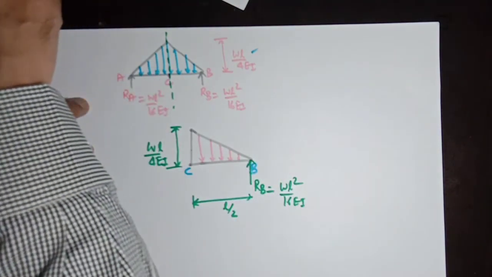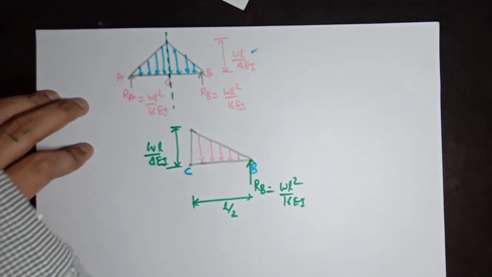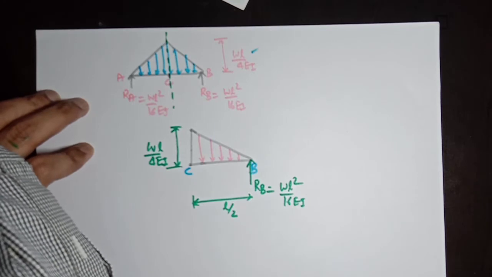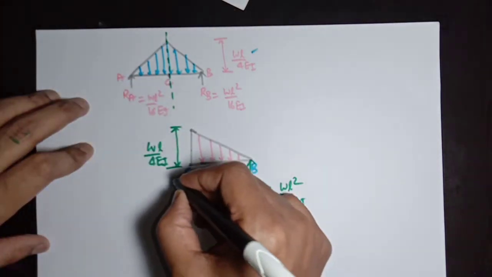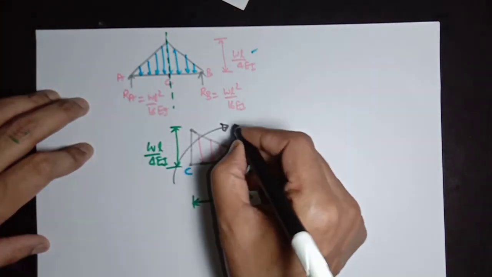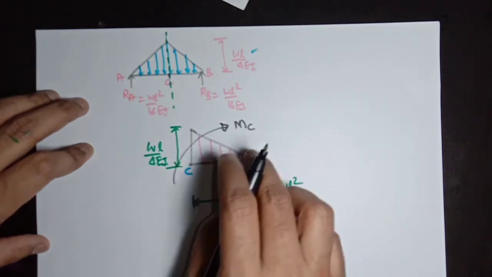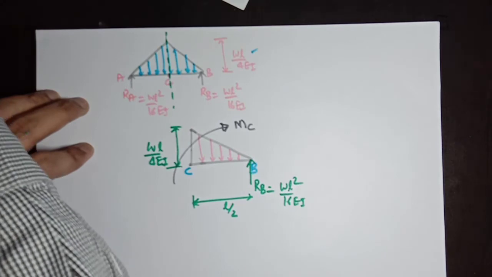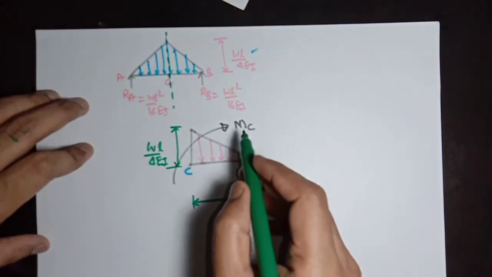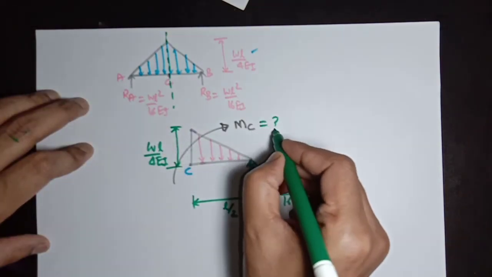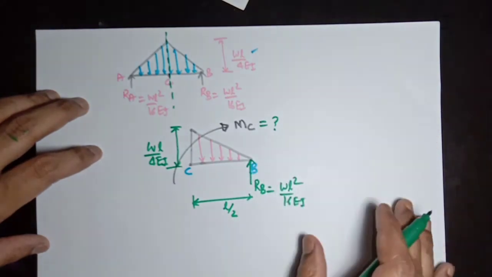Our objective is to find the bending moment, which will be acting here. That will be the bending moment at C, which I have assumed in clockwise direction.